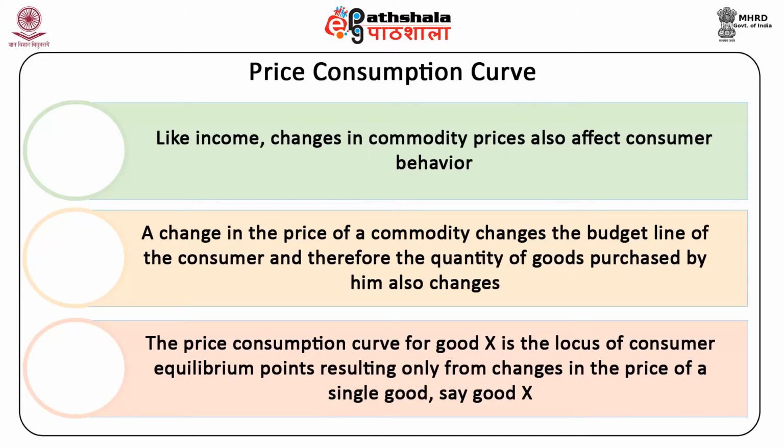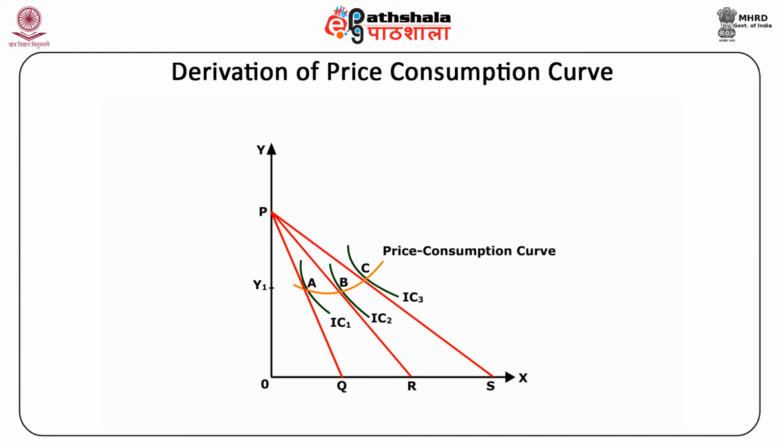The price consumption curve for good X is the locus of consumer equilibrium points resulting only from changes in the price of a single good, say good X. In the figure, PQ indicates the budget line for a given income level M1 and given prices of commodities X and Y. The consumer is in equilibrium at point A when the indifference curve IC1 is tangent to the budget line PQ.